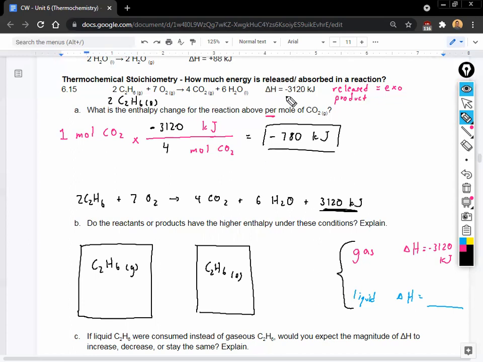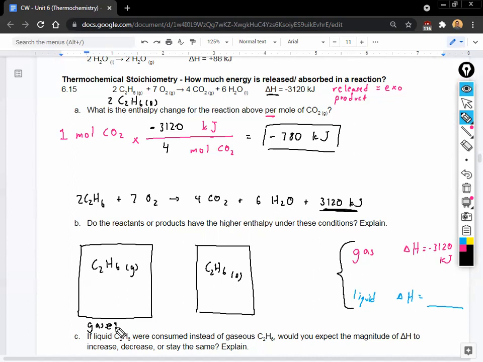But if you take a look at this problem, delta H has to do with the energy inside of the system, okay? So I think Evelyn said earlier that gases have more energy, right?